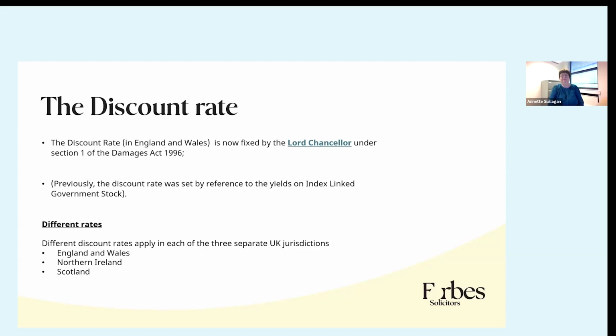But the way that the discount rate is looked on now is that it's more realistic to assume that the claimant will not just invest in very low risk investments, but will perhaps have some medium risk. So it's kind of a mixed portfolio. It's important to remember that the discount rates apply in each of the 3 separate UK jurisdictions. Historically, there have been different rates for England and Wales, Northern Ireland, and Scotland.